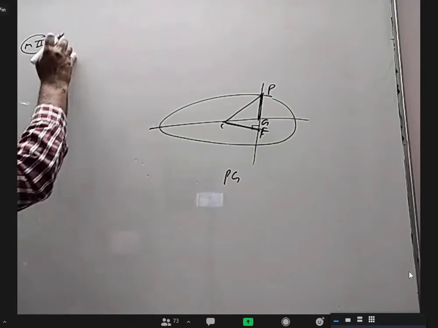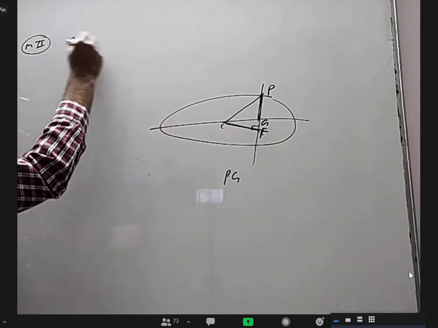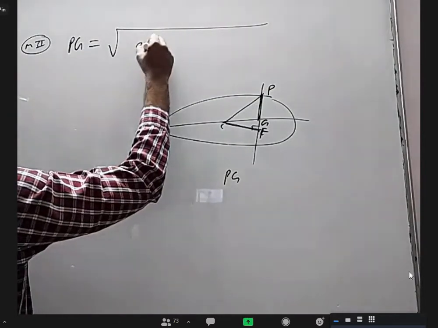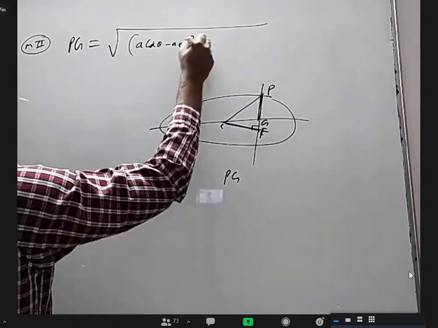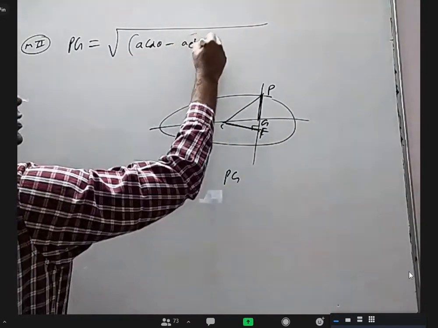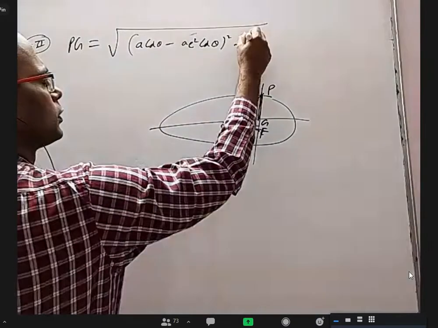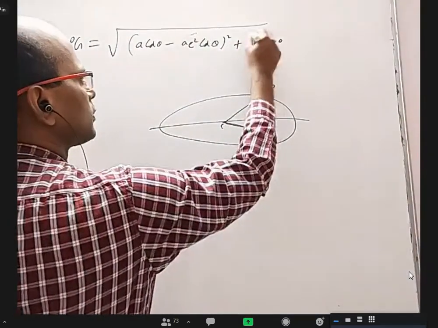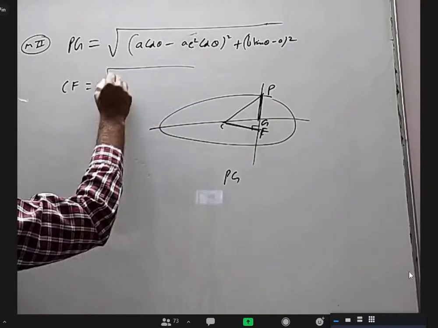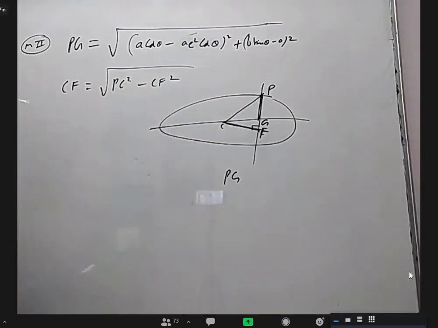Okay. PZ length is square root of A cos theta minus AE whole square, not AE. What is this? G. AE square cos theta whole square plus B sin theta minus 0 whole square. This is PZ length. And CF length, is it nice to write as BC square minus CF square?